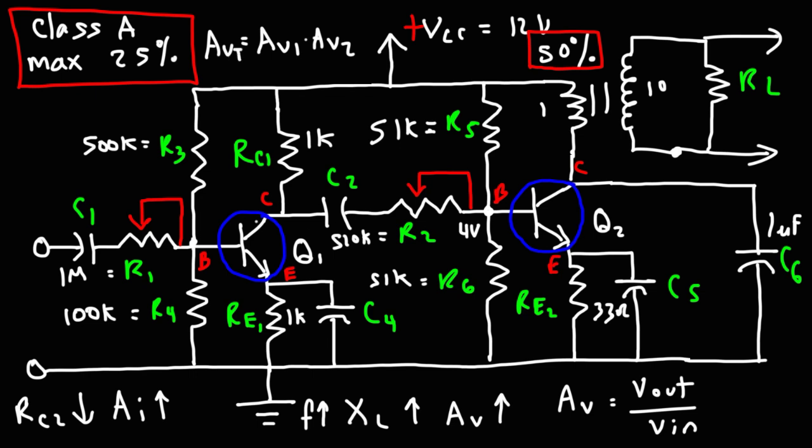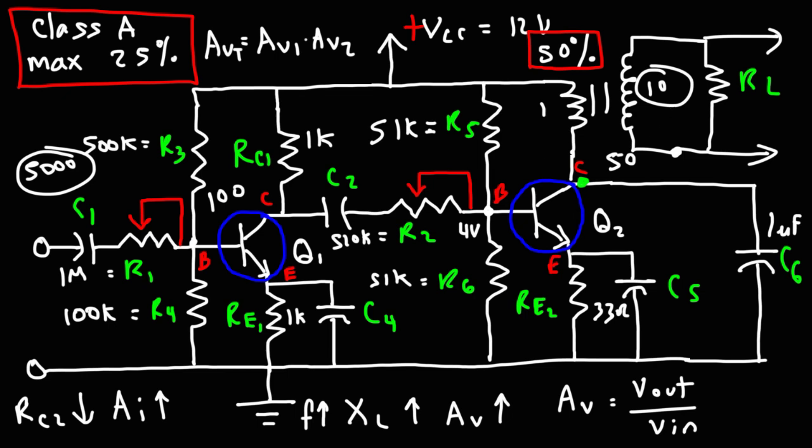So let's say if the voltage gain at the first stage is 100, and let's say the voltage gain at the second stage is 50, then the overall voltage gain up to this point will be 100 times 50, or 5,000. This is not including the transformer, because the transformer can also increase the voltage by a factor of 10, but decrease the current by a factor of 10.